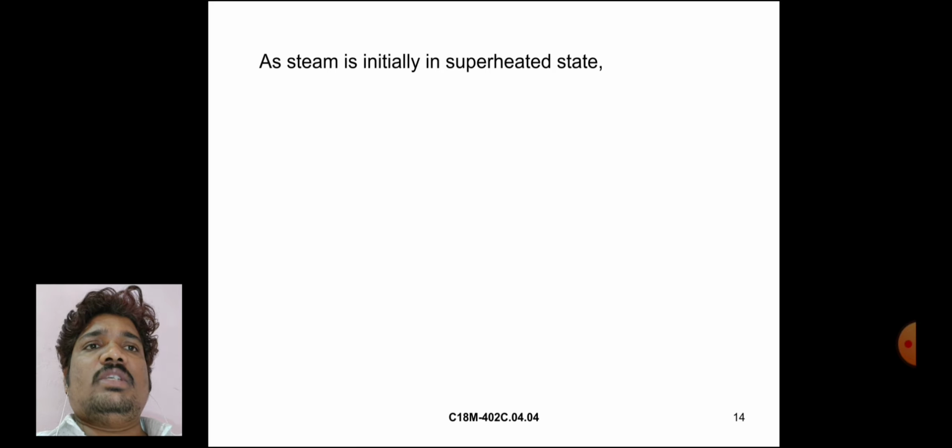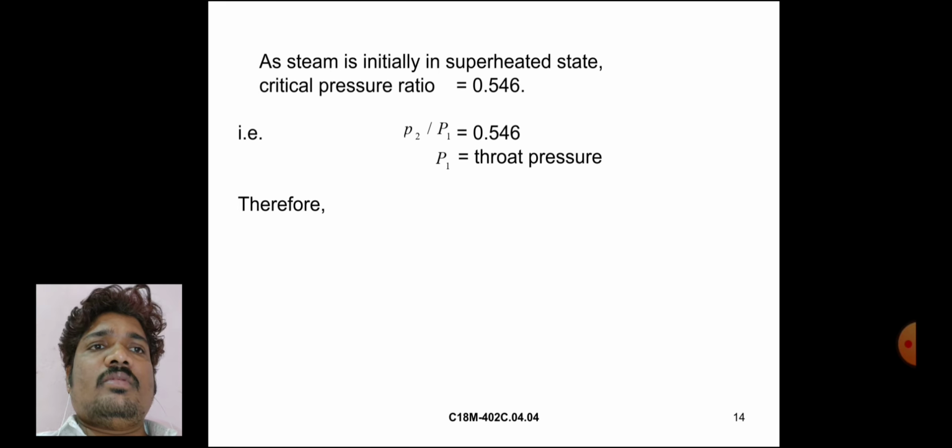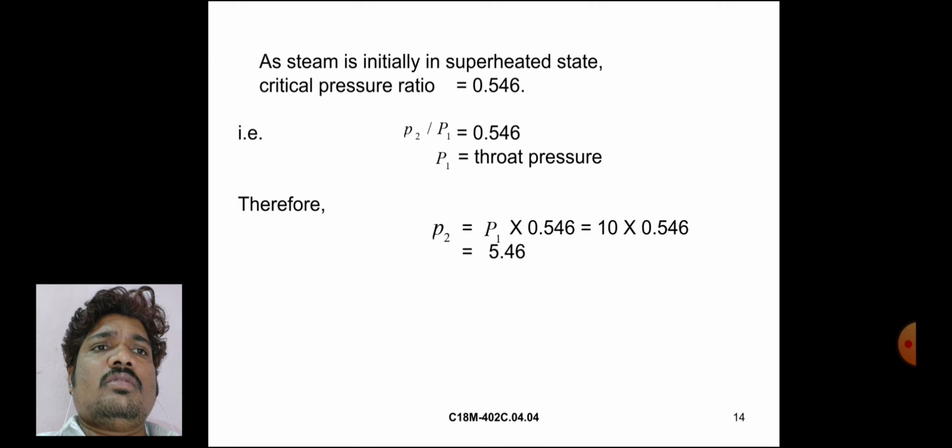As steam is initially in a superheated state, the critical pressure ratio is 0.546, that is P2 by P1. P1 is the inlet pressure and P2 is the throat pressure.